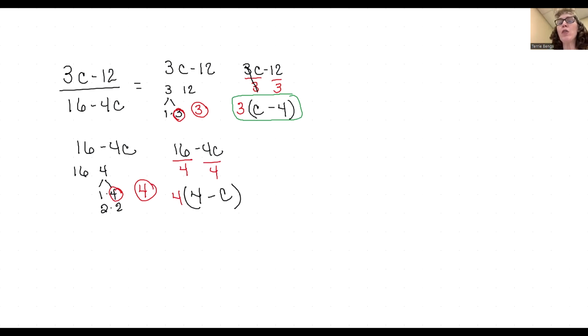So now we have to put these two back together like an original problem. This was our top, our numerator, so we're going to put it on top, 3 times c minus 4. And this was the bottom of our fraction, so we're going to put it on the bottom, 4 times 4 minus c.